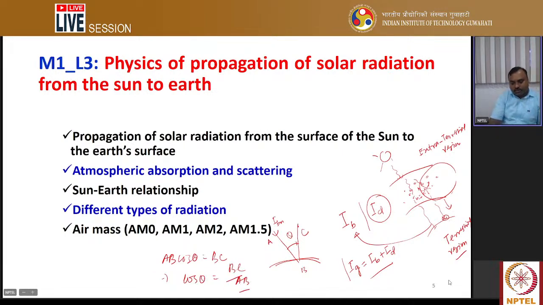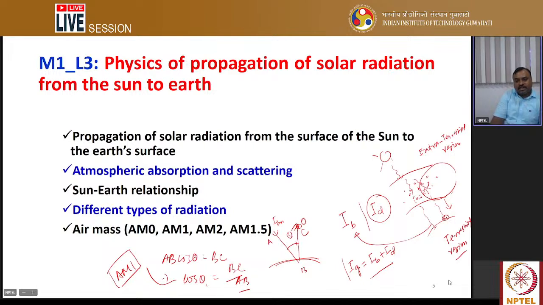Okay, so if this angle is 0, that means this will be 1, right? So it indicates AM1. So AM1 is the situation when the sun is at the zenith. Okay, so AM2, that way you can find out what will be AM2.